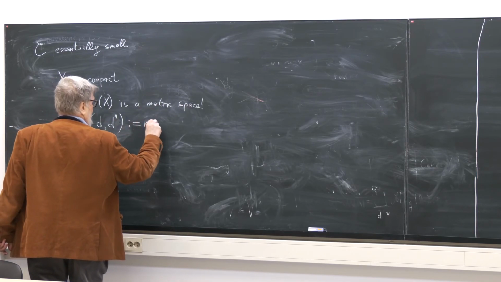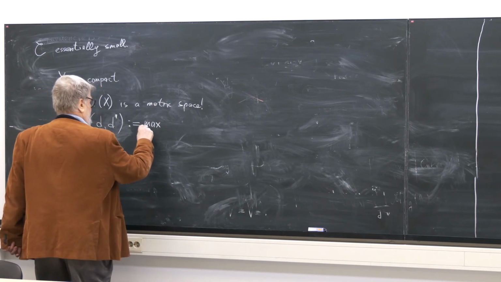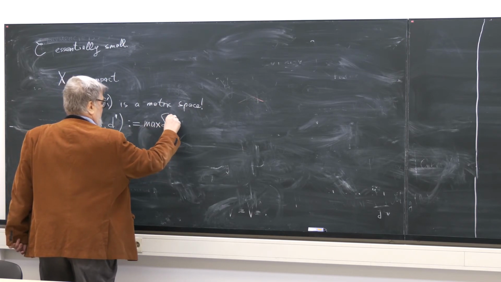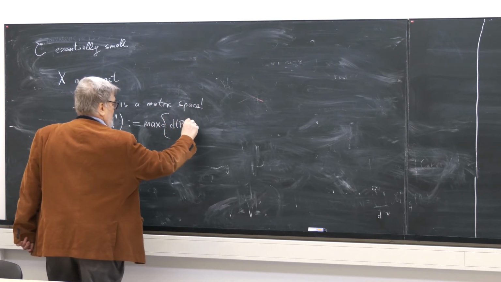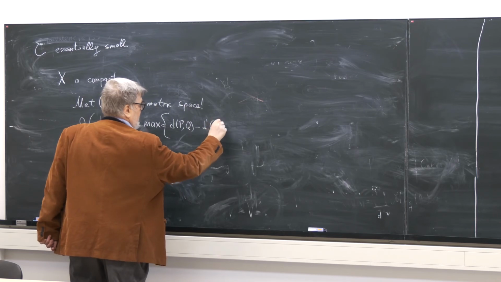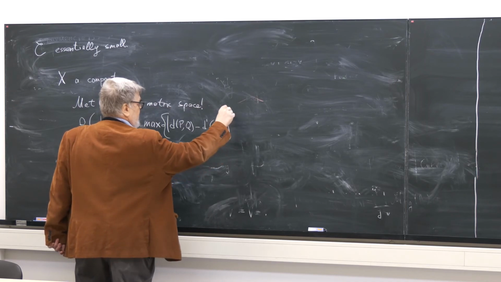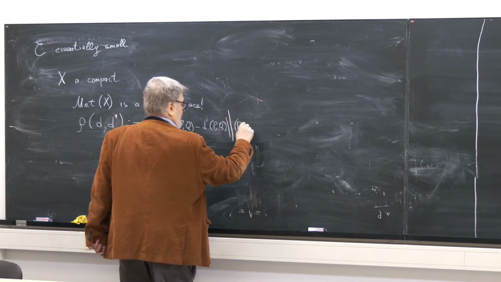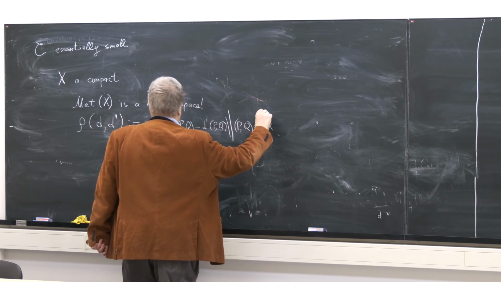It is the maximum over P, Q running over X times X of the absolute value of the difference d(P,Q) minus d prime(P,Q).